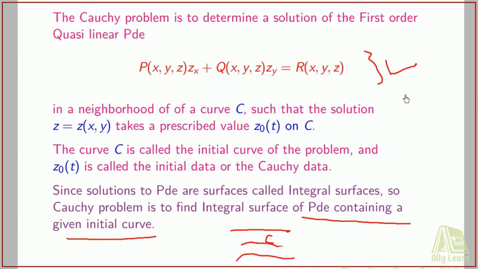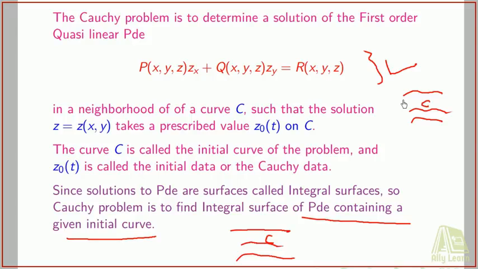But here in the Cauchy problem we look for that surface that contains the given initial curve C. We want to find that surface that contains this curve C. So what will happen? That arbitrary function will have a particular value. So this is what happens in a Cauchy problem.